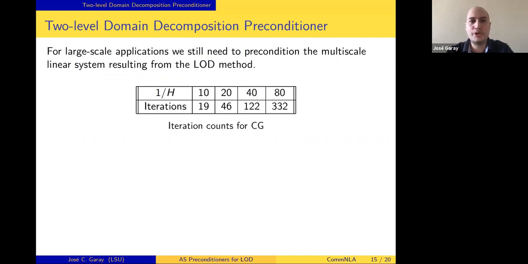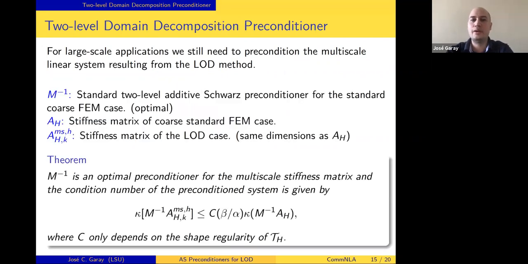The preconditioner that we're using in this case is the two-level additive Schwarz preconditioner that is used for the standard coarse FEM case. This preconditioner is known to be optimal in the sense that the condition number of the preconditioned system is bounded by a constant that doesn't depend on the mesh size of the problem.